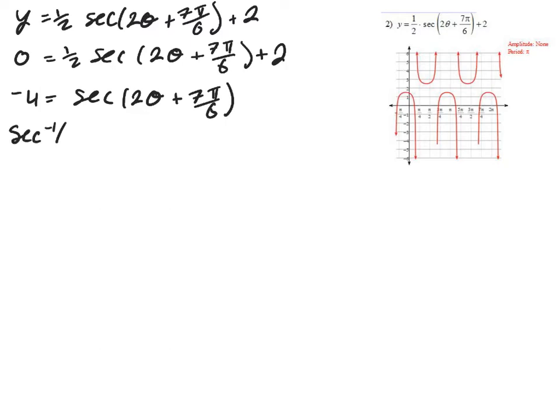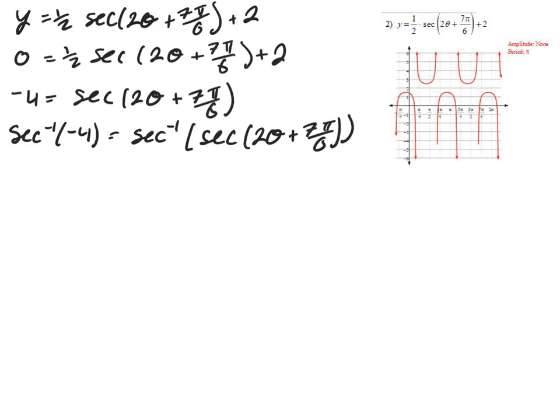Inverse secant of -4 equals the inverse secant of secant of (2 theta plus 7 pi over 6). Inverse secant and secant, we can think of those as canceling each other out, leaving us with just the inside bits, which is what we want. So we have 2 theta plus 7 pi over 6 on the right, and secant inverse of -4 on the left.